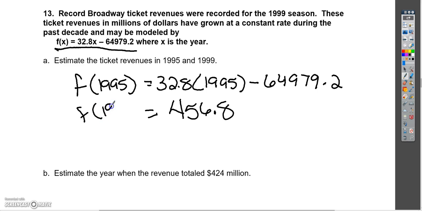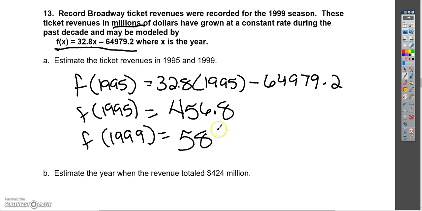So what that means is in 1995, they estimate the ticket revenue to be $456.8 million. In 1999, $588 million.